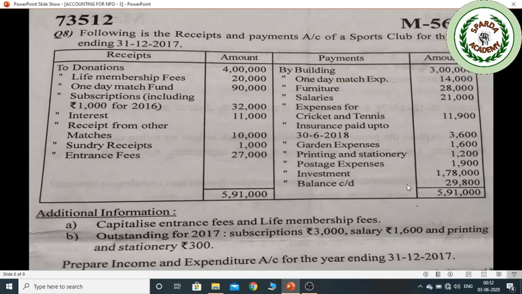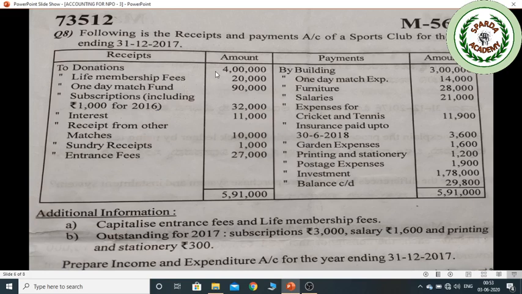Then balance is there. It is not required for us, because balance will be written in the capital fund, or we can say balance sheet. Okay. When it comes to the donation here on the debit side, you can see easily donation is a huge amount. When it is a huge amount, you should write it in the balance sheet. If it is a small amount like 20,000, 30,000, you could have taken it into consideration.